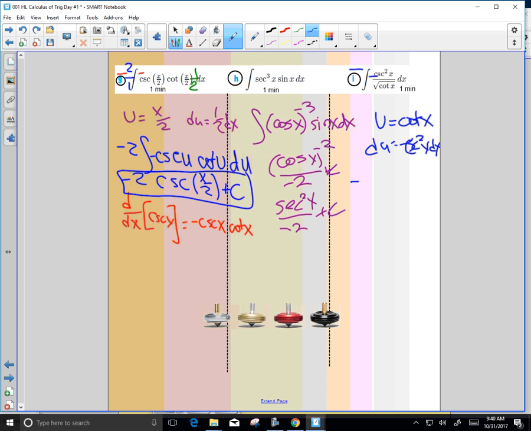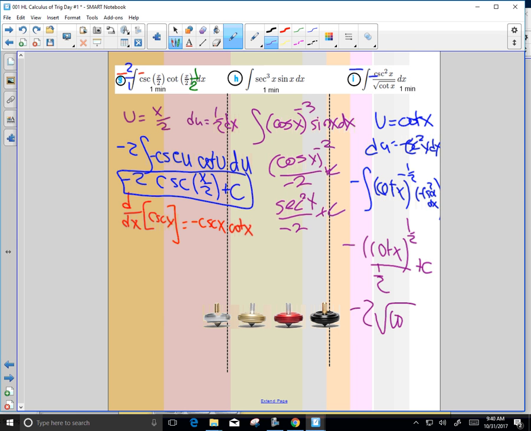So what I would do is I'd rewrite this as cotangent to the negative what? 1/2, and then it's just going to be negative cosecant squared x dx. Then all you have to do is take this antiderivative, which is negative cotangent to the 1/2 over 1/2 plus c, and I think it's just going to be negative 2 square root of cotangent.